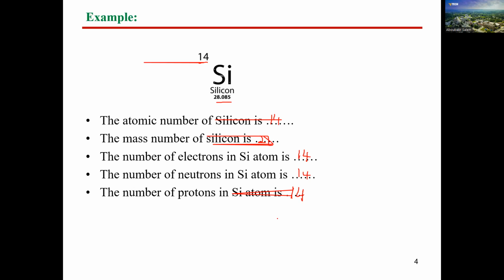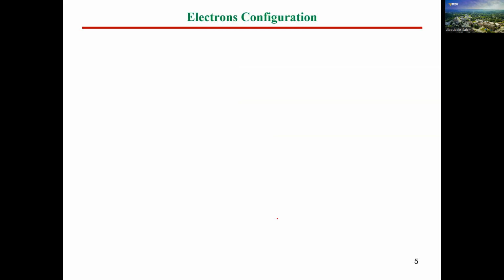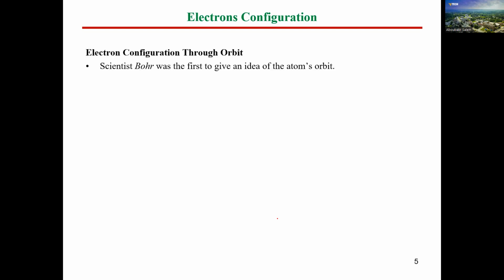Okay, now let's go more in depth and see, guys, the electron configuration. How can we place electrons for any element? In order to understand that, guys, there is some theory. For sure, you know these theories.